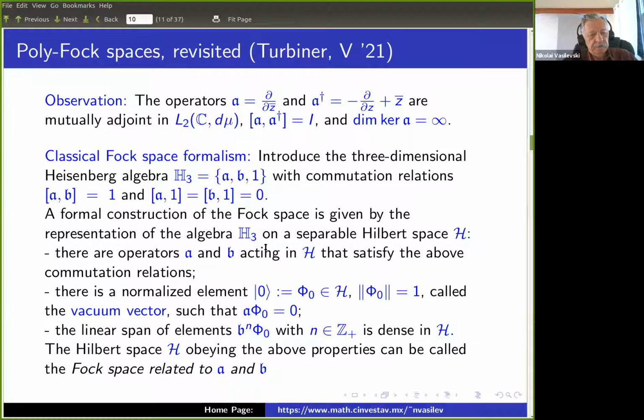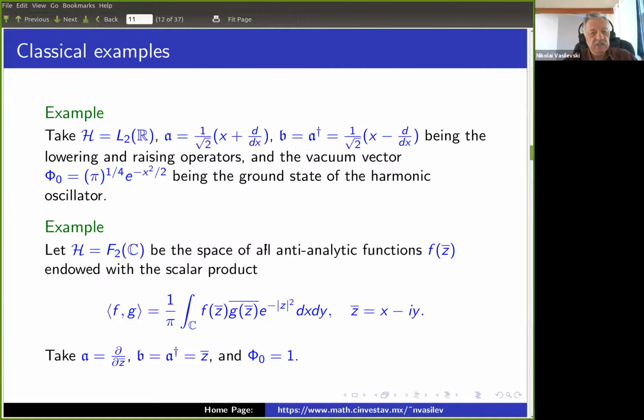One can call this Hilbert space constructed as the Fock space related to the operators A and B. Classical examples: H is L2 over R, A is the operator 1 over square root of 2 times (x plus the derivative d over dx), and B, now A dagger, adjoint to A, is 1 over square root of 2 times (x minus the derivative with respect to x).